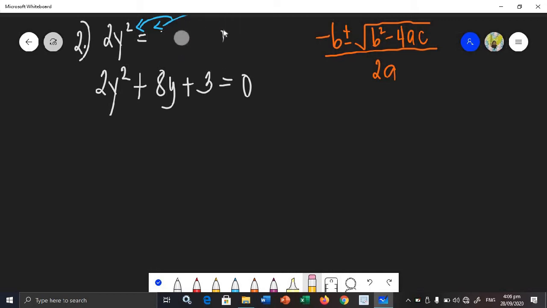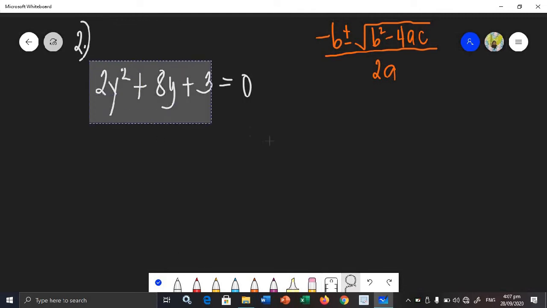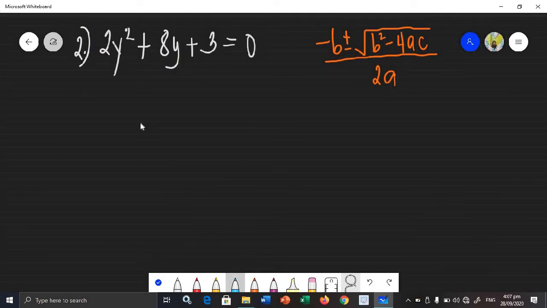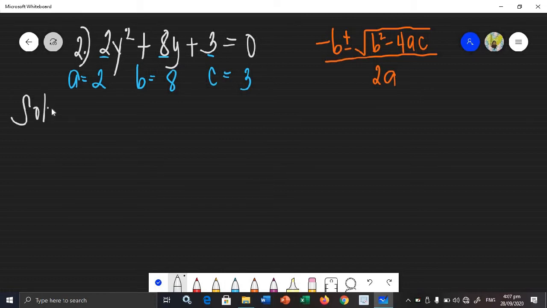There. So now that the given is in standard form, the next step that we need is to find the value of A, B, and C. So the value of A here is 2. B is 8. C is 3. We need to remember that. And then, the solution will become like this.